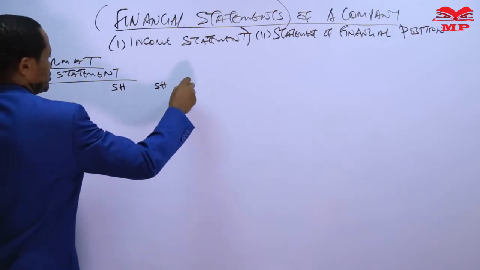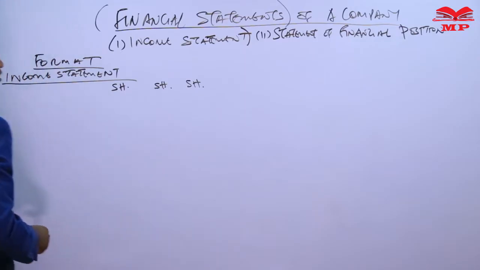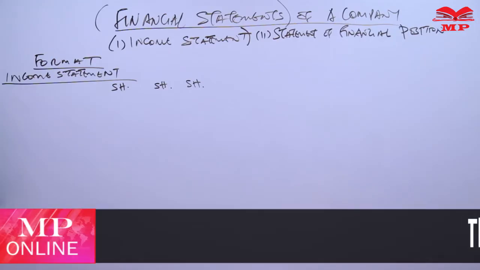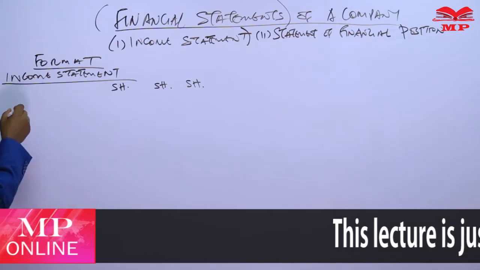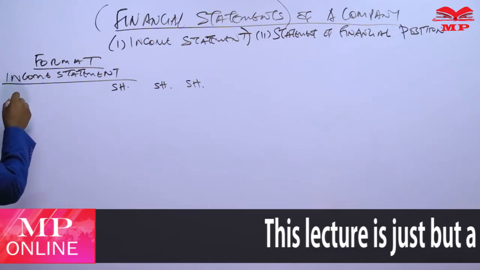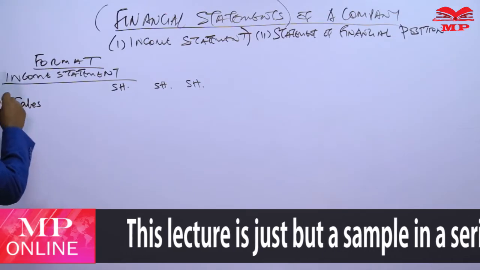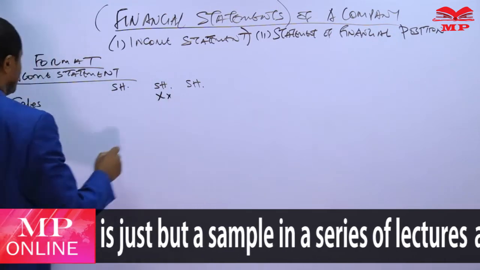And remember, an income statement prepared by a company is prepared the same way you would prepare the income statement for a sole trader. For example, any business would have sales or turnover. So we'll have our turnover there.